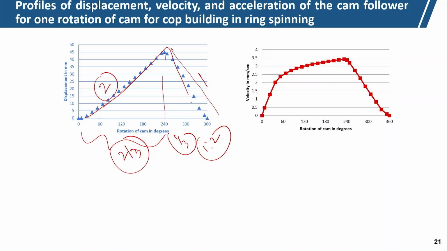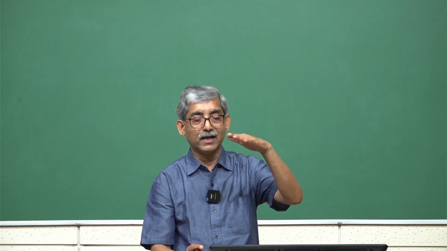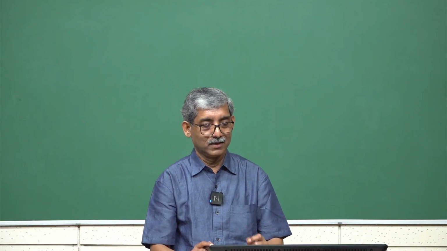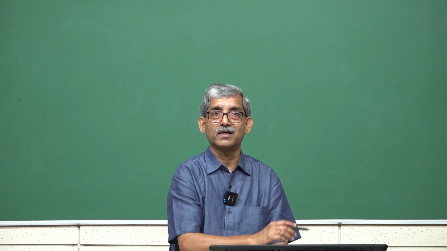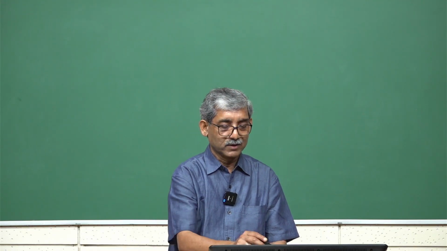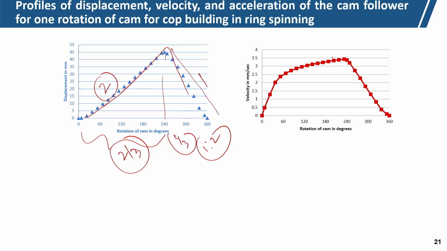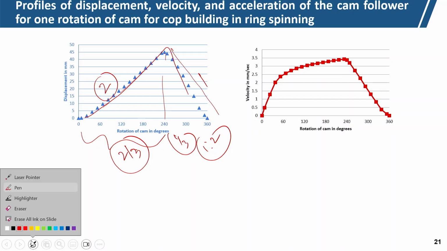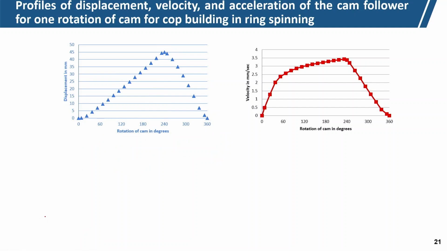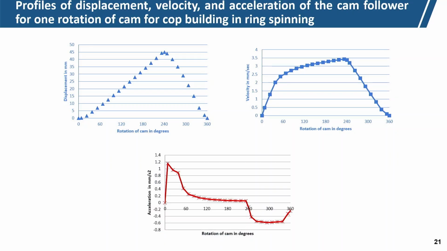Now, the velocity profile. From the cam, if we see the earlier equation, the velocity of the ring rail we can plot to get that equation satisfied. So, this is the velocity profile. We can always plot it from the equation, and the acceleration also we can calculate.